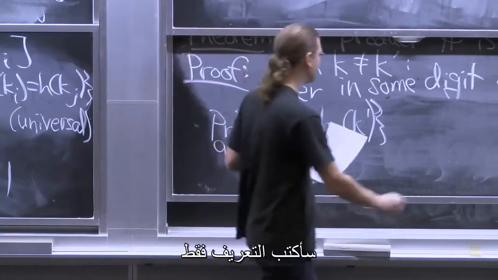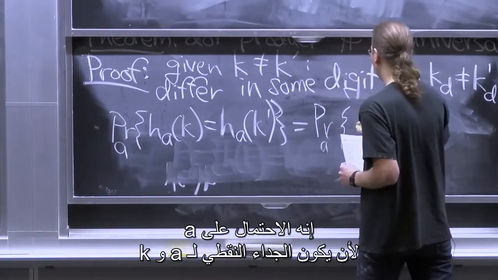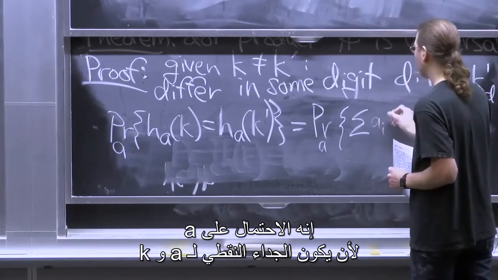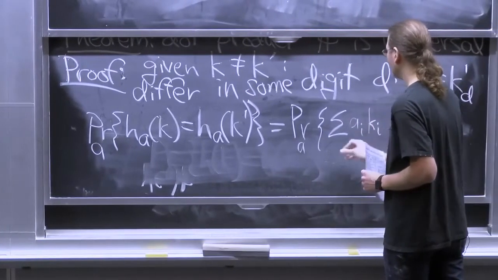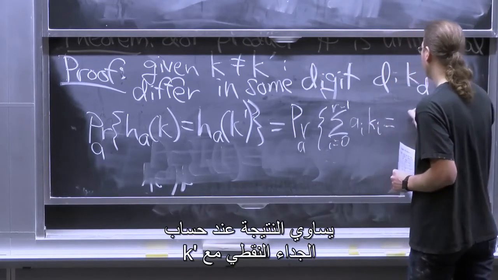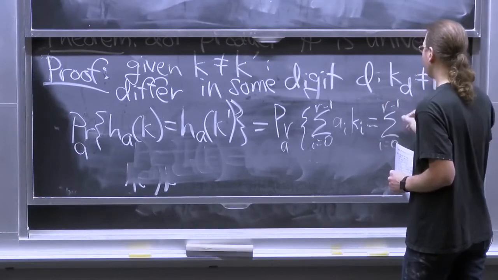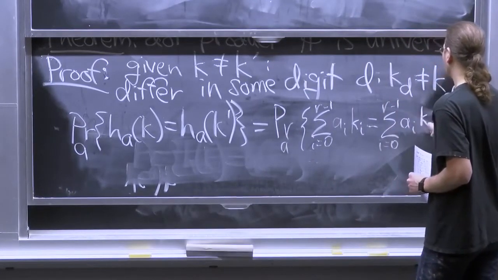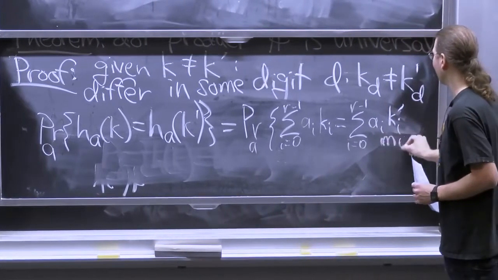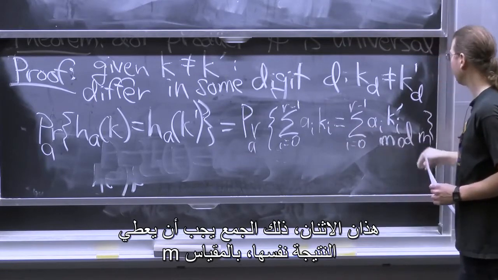OK, so let me just write out the definition. It's probability over A that the dot product of A and k is the same thing as when I do the dot product with k prime, mod m. These two sums should come out the same, mod m.